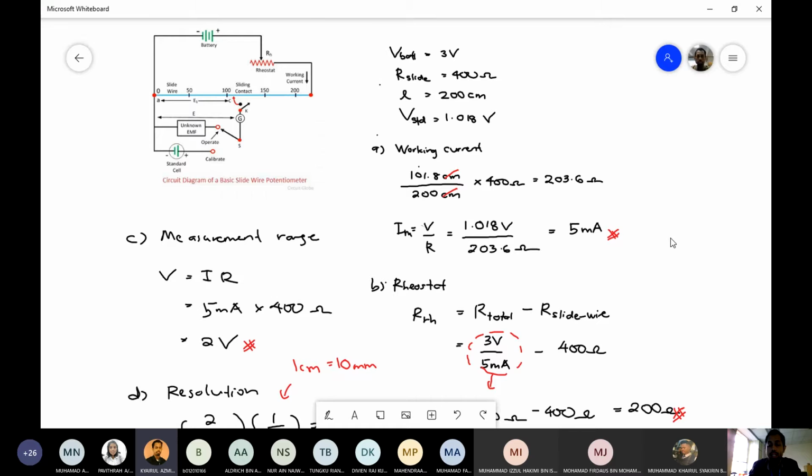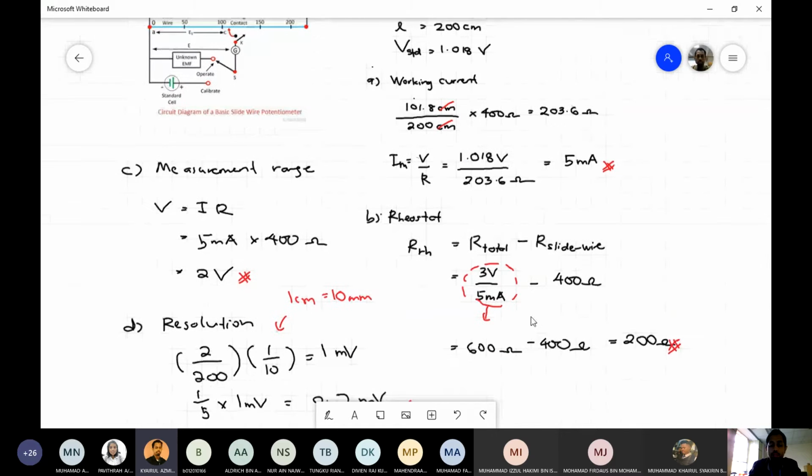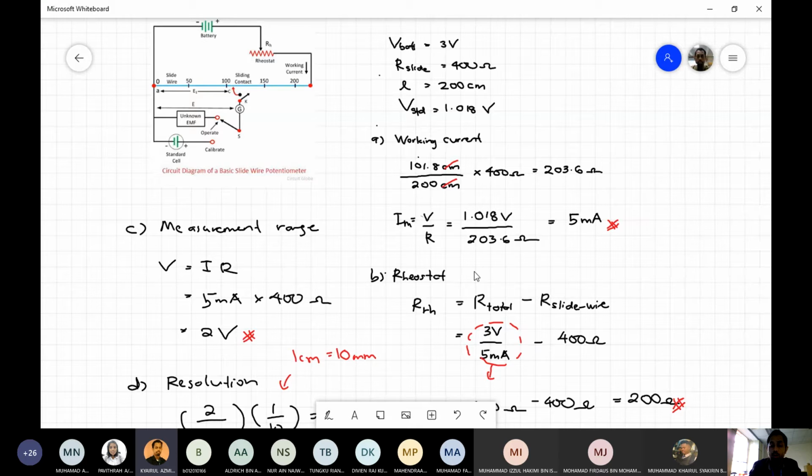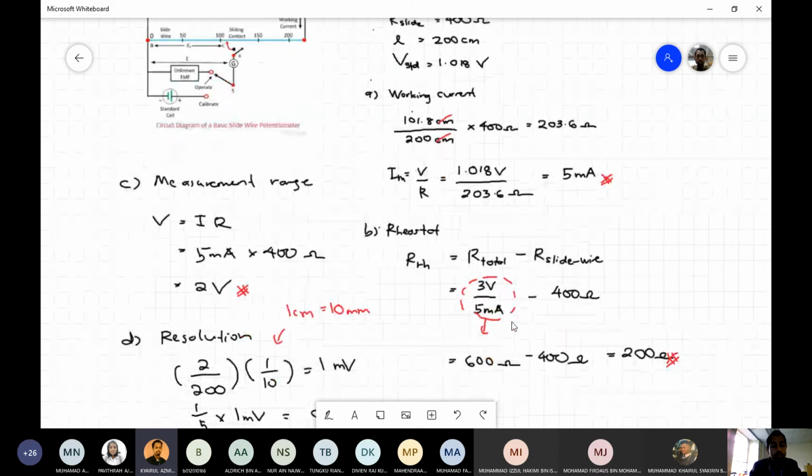So you are going to get here 600. 3 volts divided by 5 milli, you get 600. Minus 400, so you get 200 ohms. This will be the value of the resistance at the rheostat to make sure that the current is fixed at 5 milliamps, because the battery source is fixed at 3 volts. Okay, so this is how you solve part B.